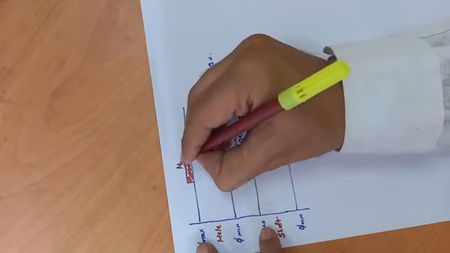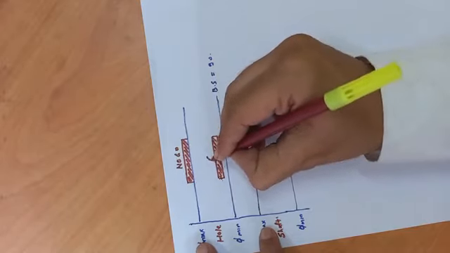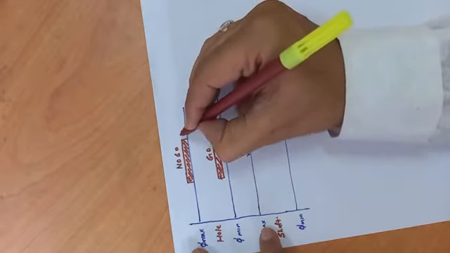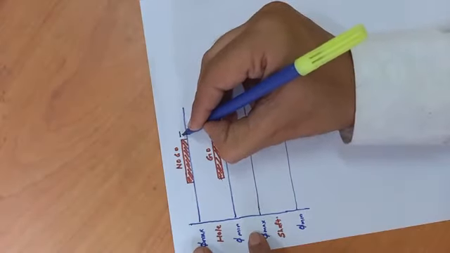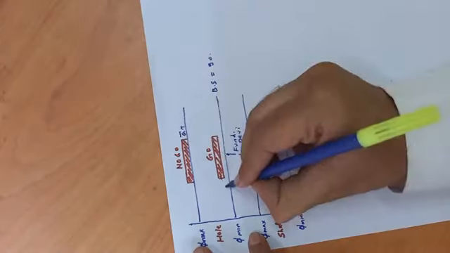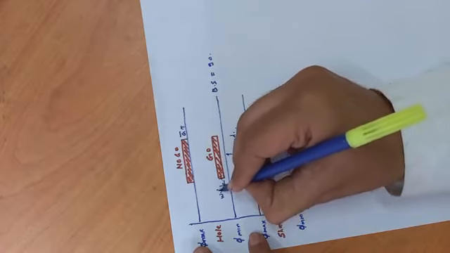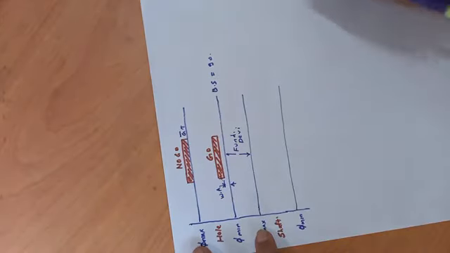This is no go gauge and this is go gauge for hole. This is gauge tolerance and this is wear allowance. Okay.